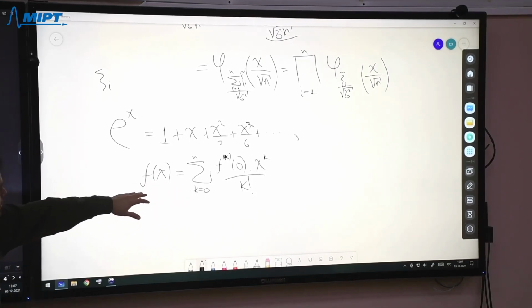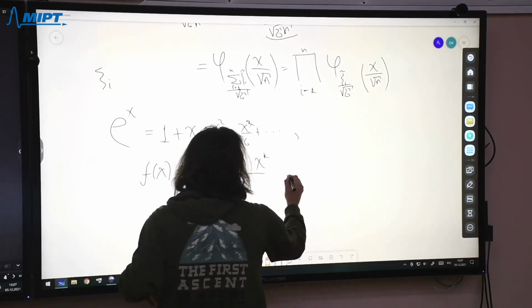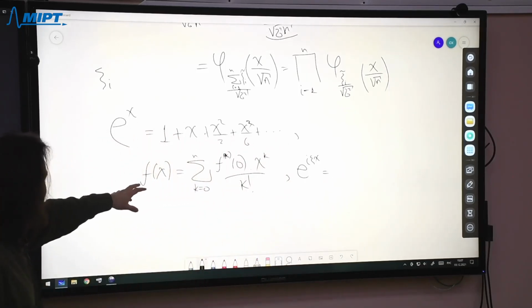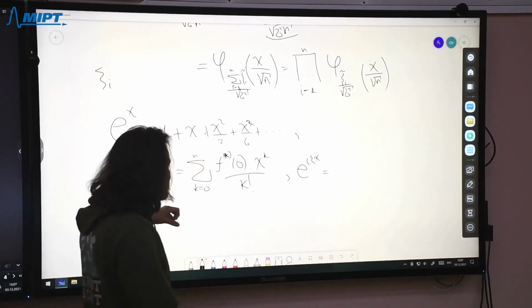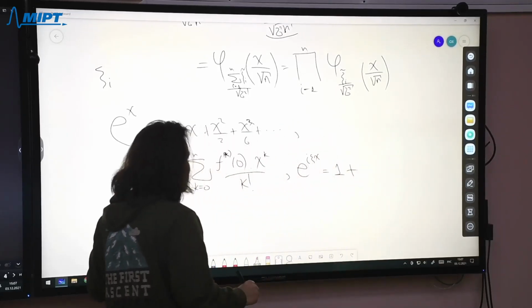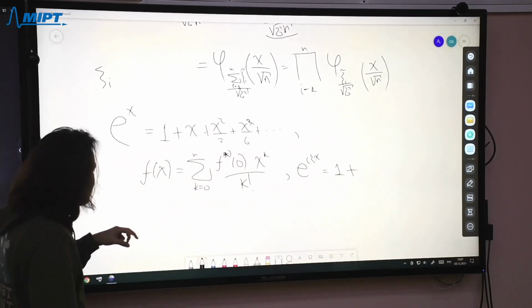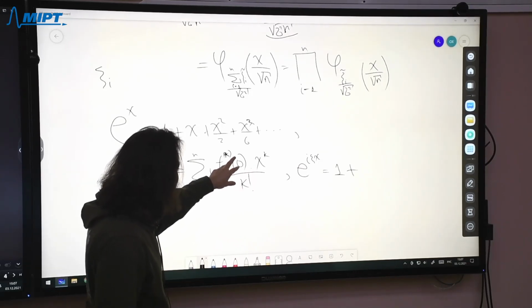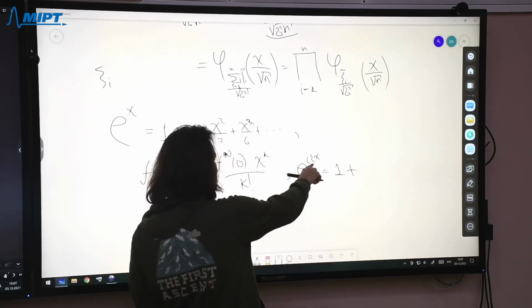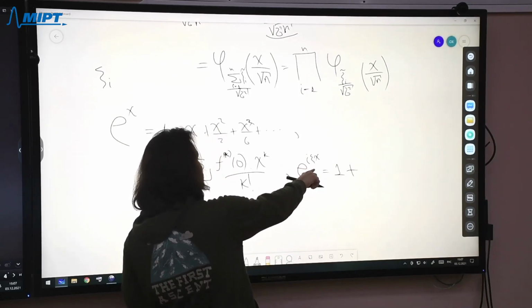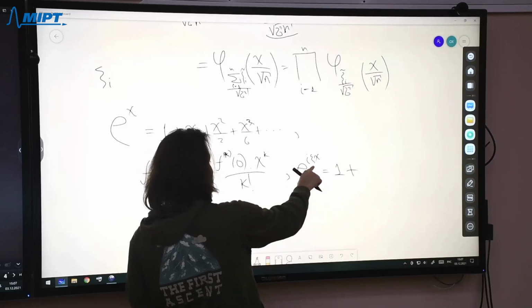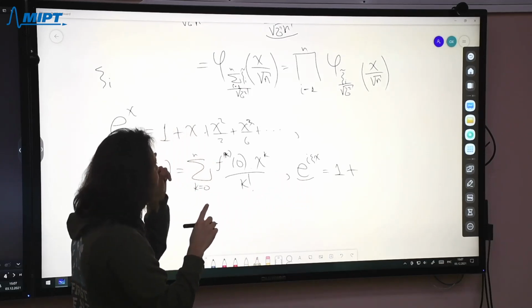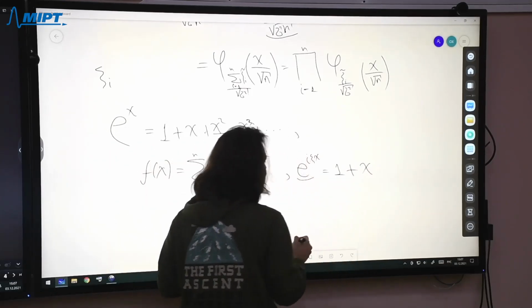Now let's use this to find this. So the first value, if we have 0, then we obtain 1, right? If we have 1, then we have just the value.